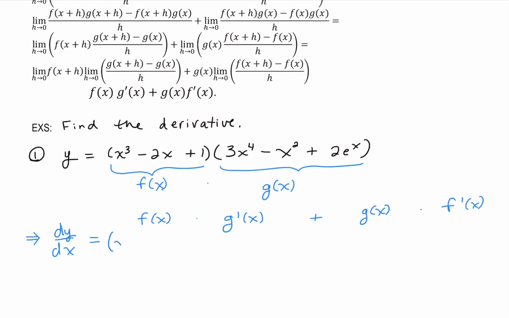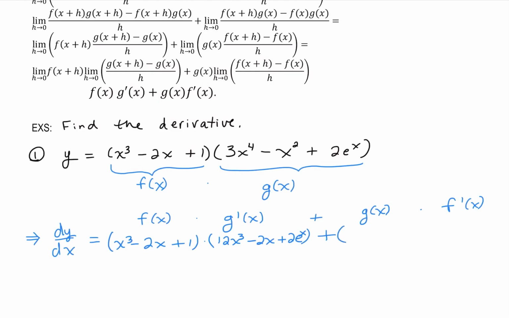So f left alone, x to the third minus 2x plus 1, times the derivative of g. These are just nice power rules from the last section. So 12x cubed minus 2x, and then plus 2e to the x, the derivative of e to the x is e to the x.